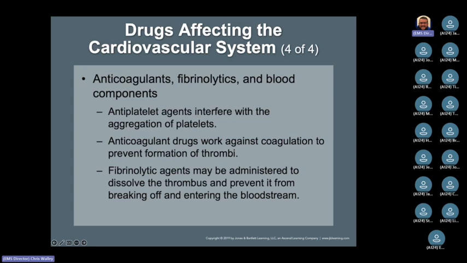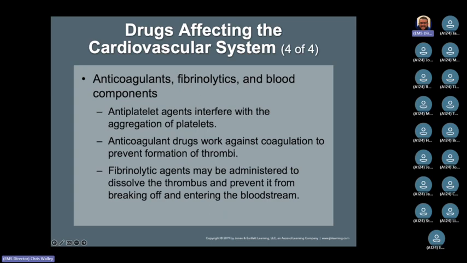Now remember, if they're on those and they have a small cut or a skin tear, they're going to bleed profusely. A variety of medications are used to prevent or minimize the detrimental effects of a thrombus, like your antiplatelet agents.